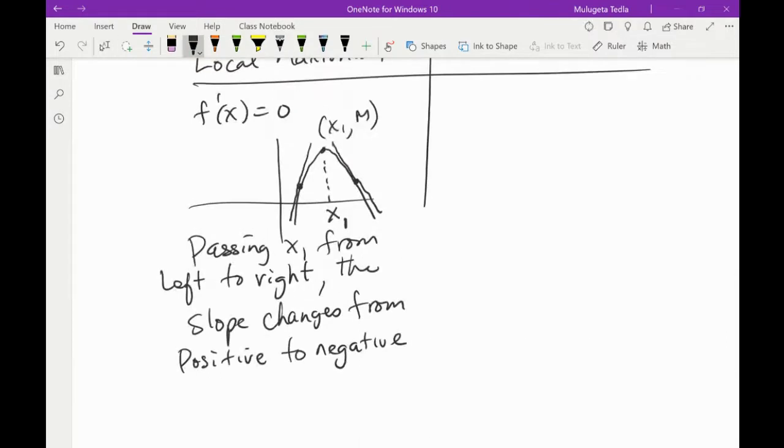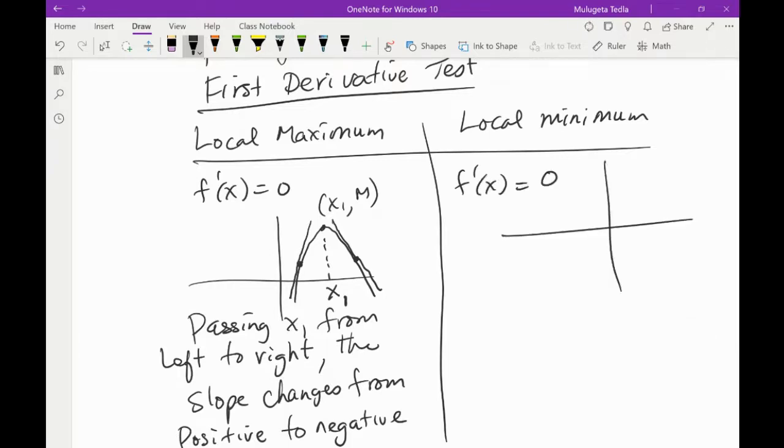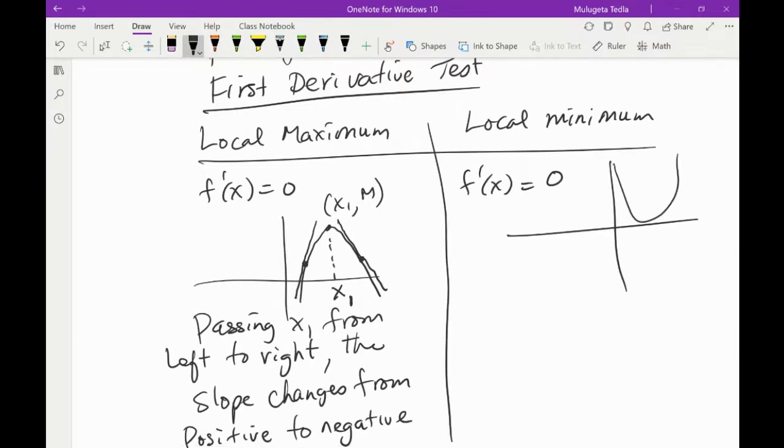Okay. For a local minimum, the same way you find it, by setting f prime of x equal to 0. And then it's going to look like this, and this is the local minimum. When you pass it from left to right, this is a negative slope, and this is a positive slope.